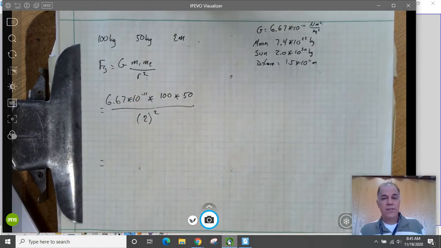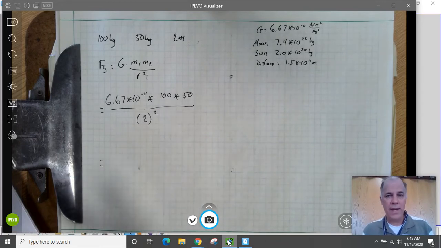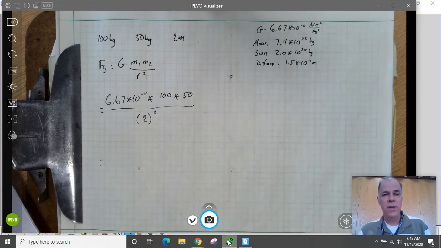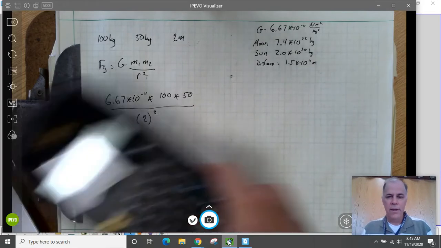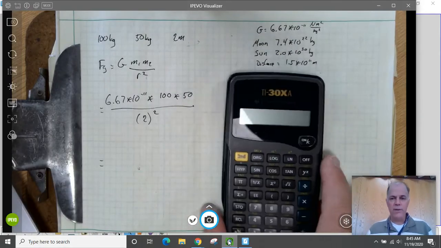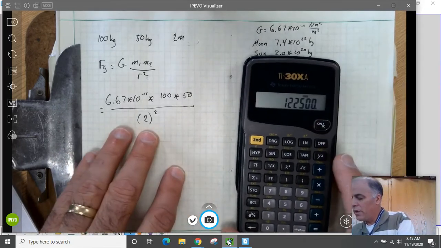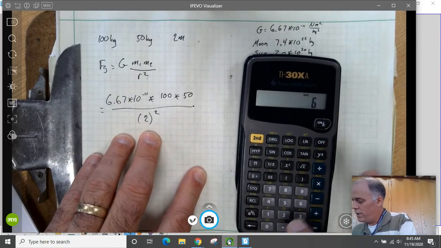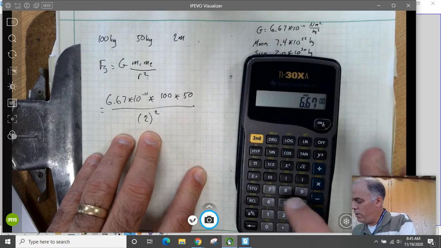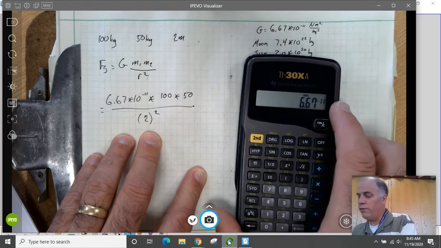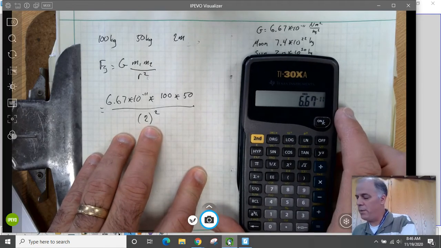Now, as I said last time, the hardest part of this is making your calculator spit out the right answers. So I'm going to work through this with my calculator here so that we can see how it progresses. Okay? So we're going to do 6.67 exponent 11 change sign. So we're putting in the first number here, 6.67 times 10 to the minus 11.